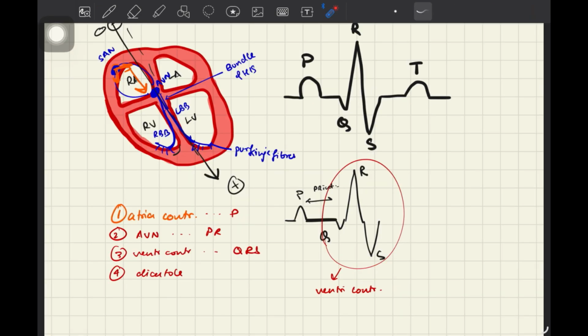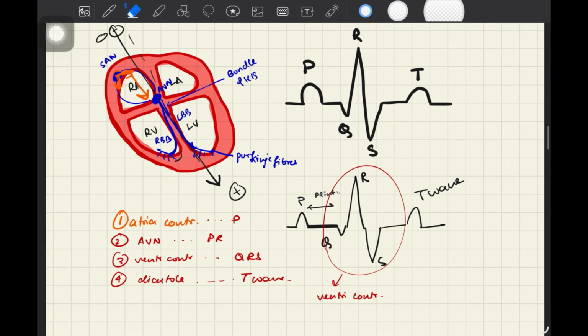The relaxation occurs from the apex to the base, but since relaxation is basically the opposite of excitation, the opposite thing happens. So even though the relaxation is in the opposite direction, the electrical current will be a positive deflection, which is the T wave, right? So what does that mean? Diastole indicates T wave.